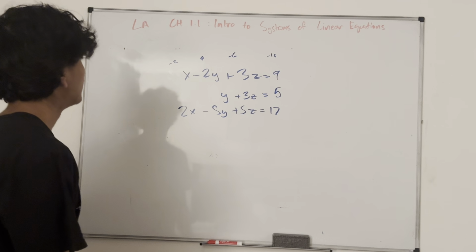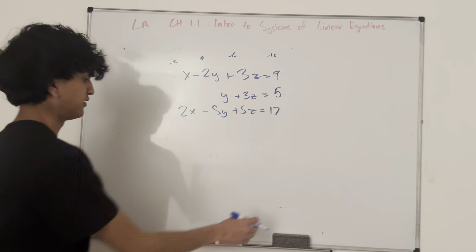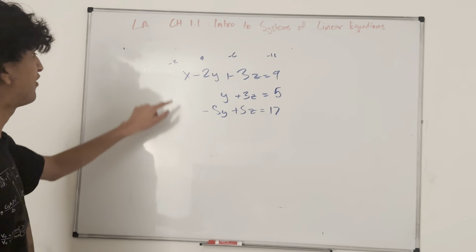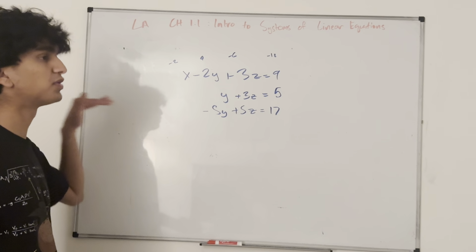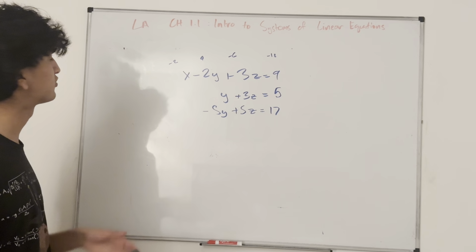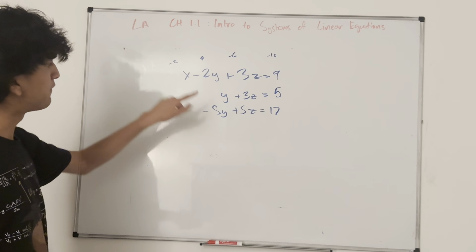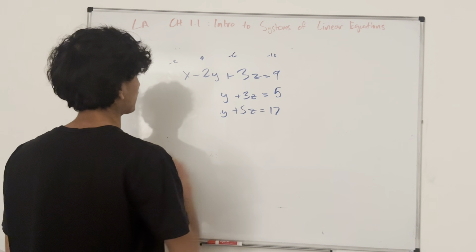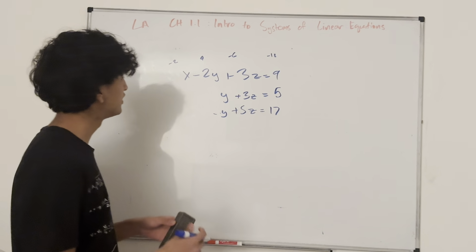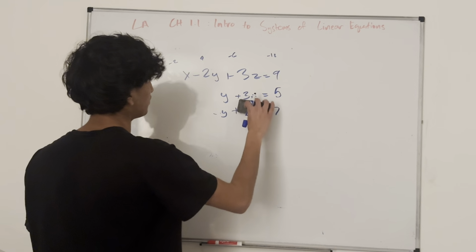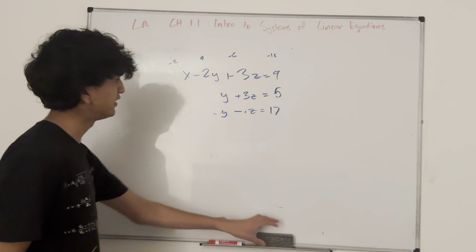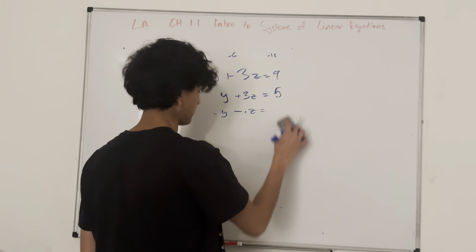Let's start combining. Negative 2 plus 2 equals 0, so we can get rid of that x term. So 4y minus 5y is going to equal negative y. Negative 6z minus 5z is going to equal negative z. And negative 18 plus 17 equals negative 1.